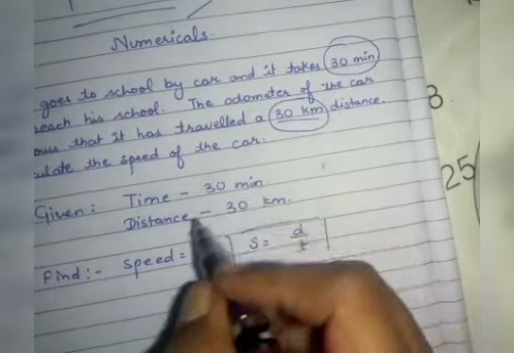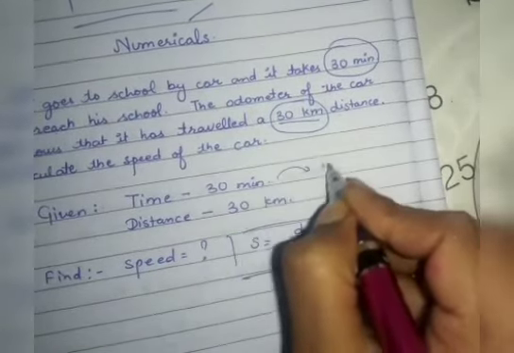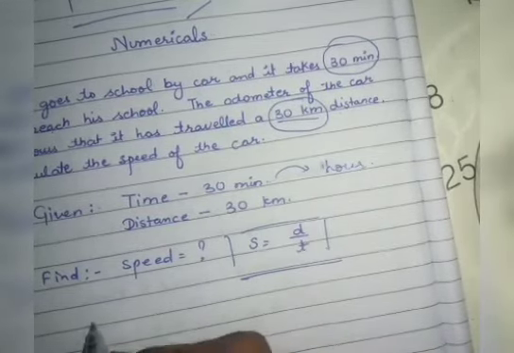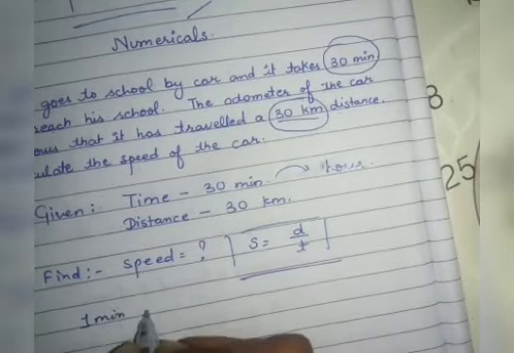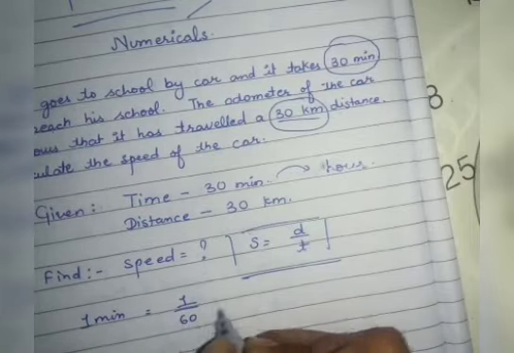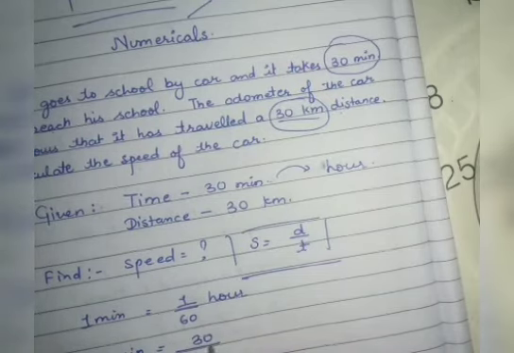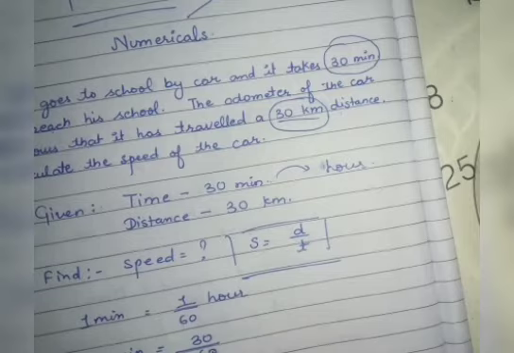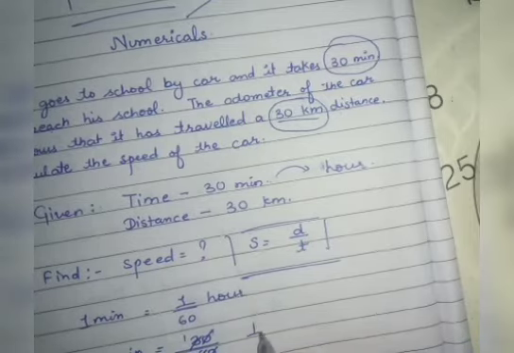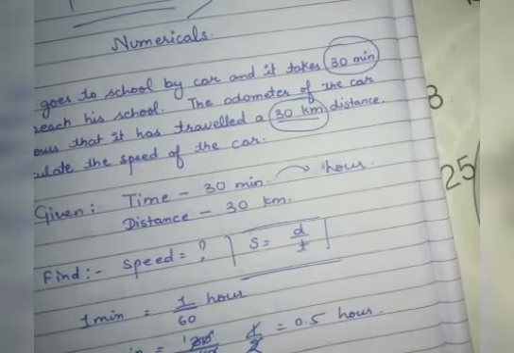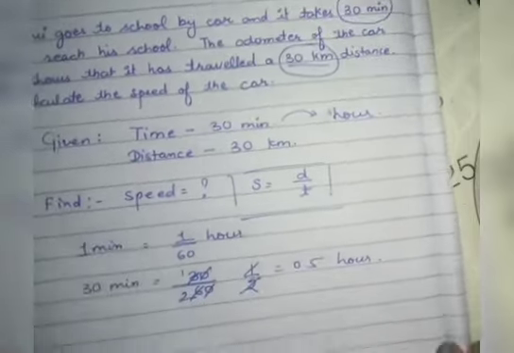First of all, we have to change minutes into hours. 1 minute equals 1 by 60 hour, so 30 minutes is 0.5 hour.